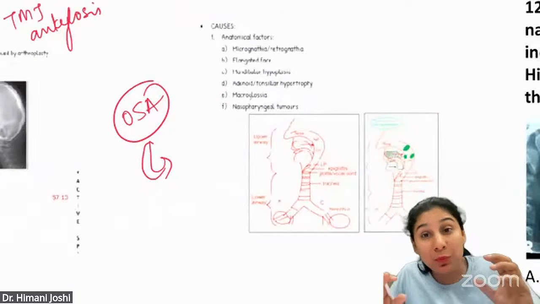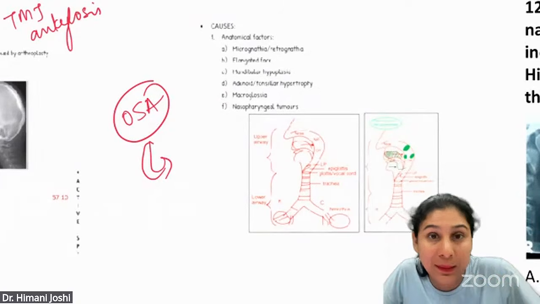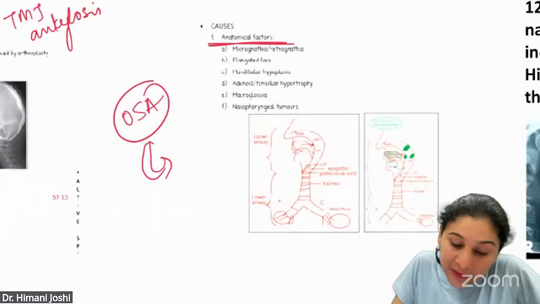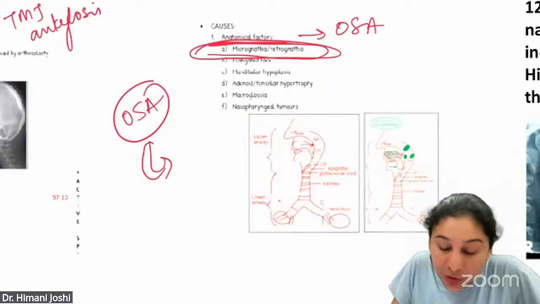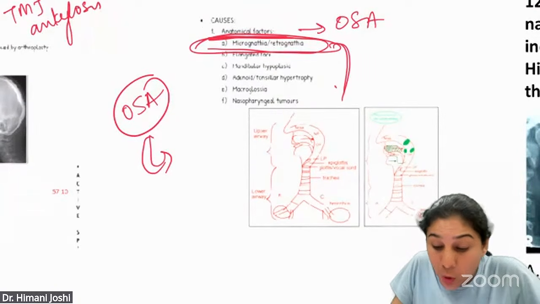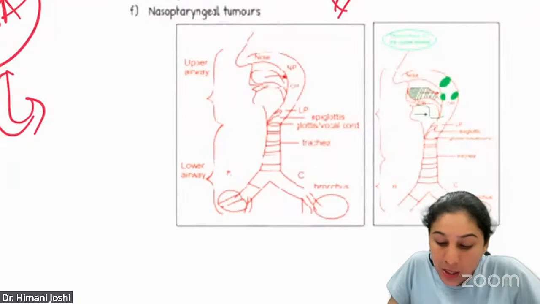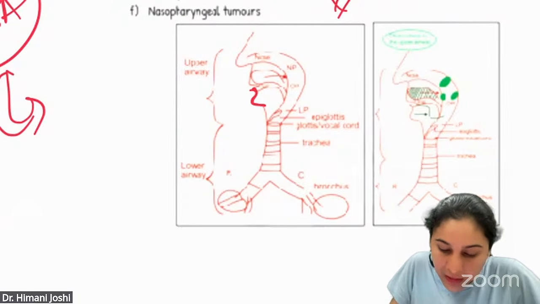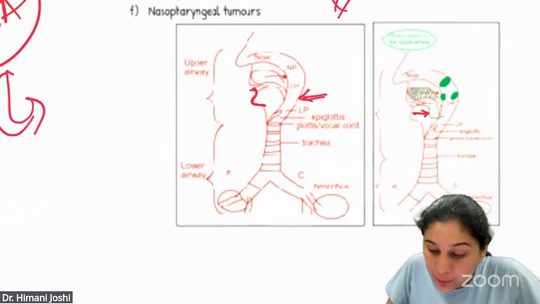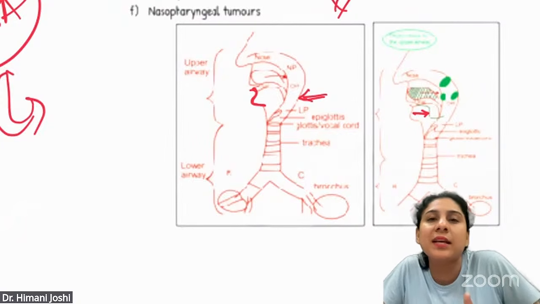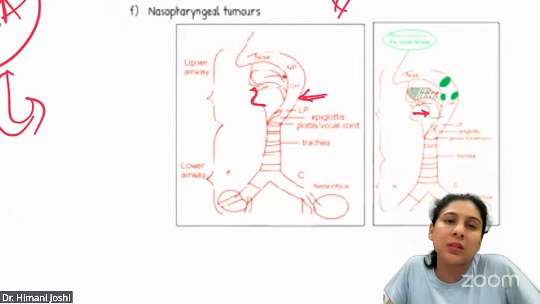Where I have properly made handmade diagrams of the anatomical factors which can cause obstructive sleep apnea. The first one is micrognathia or retrognathia. And in so much detail, we have talked about how the normal position of the mandible will cause an open airway, whereas a retrognathic position of the mandible will collapse the airway miserably, causing obstructive sleep apnea.